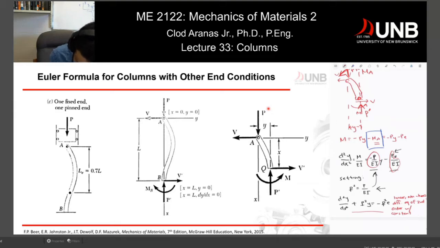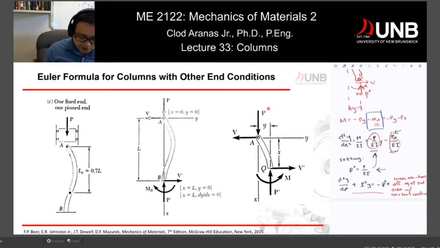My handwriting is really bad. Anyway, you will see it when I upload this slide. So linear non-homogeneous differential equation of second order with a constant coefficient.